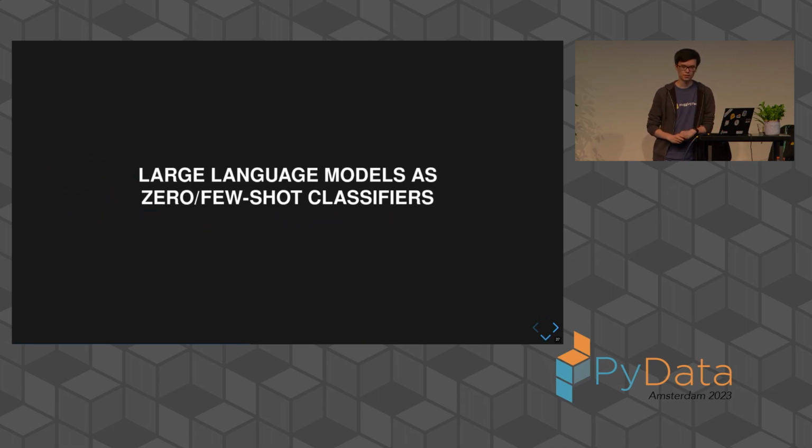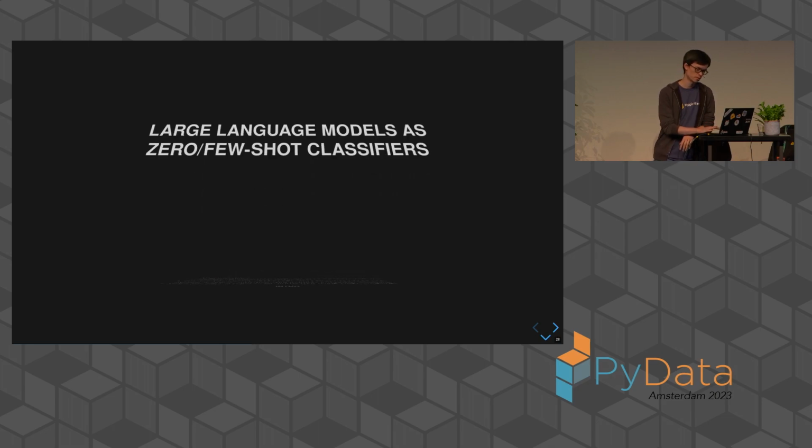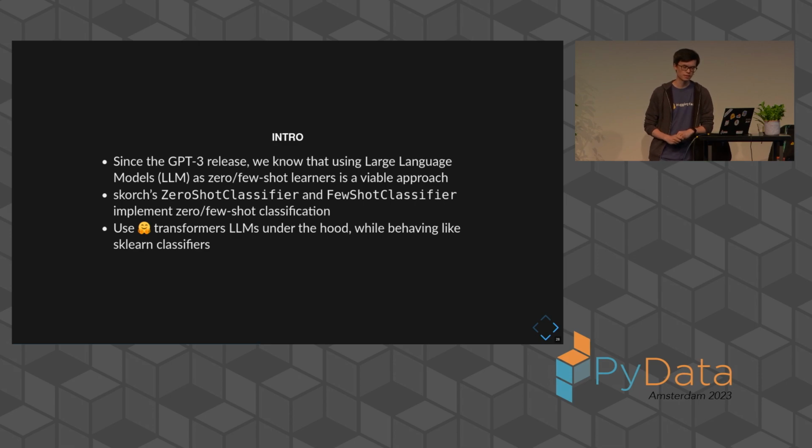And finally, something I want to talk about that we added recently to skorch, which is support for large language models as zero-shot or few-shot classifiers. So what's the deal with that? You've probably all heard about the GPT-3 release back then, that you can use these kinds of large language models as few-shot learners or zero-shot learners.